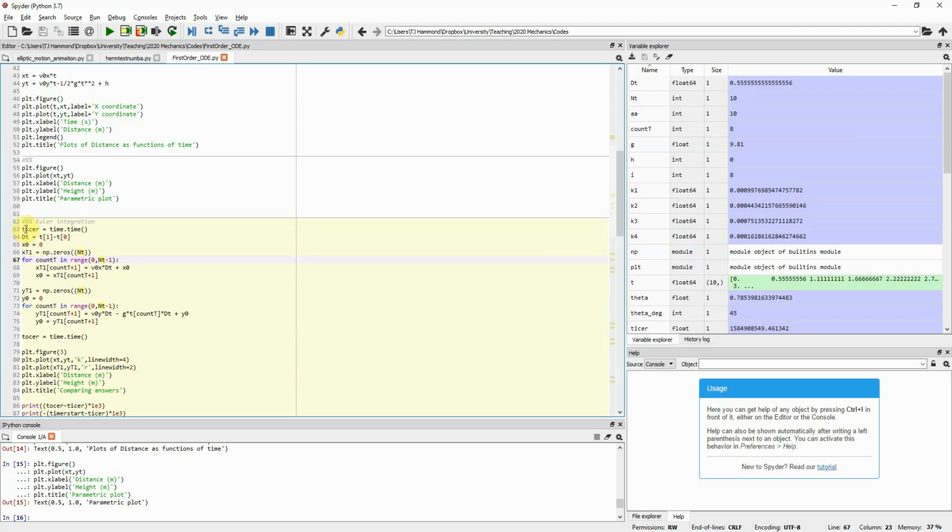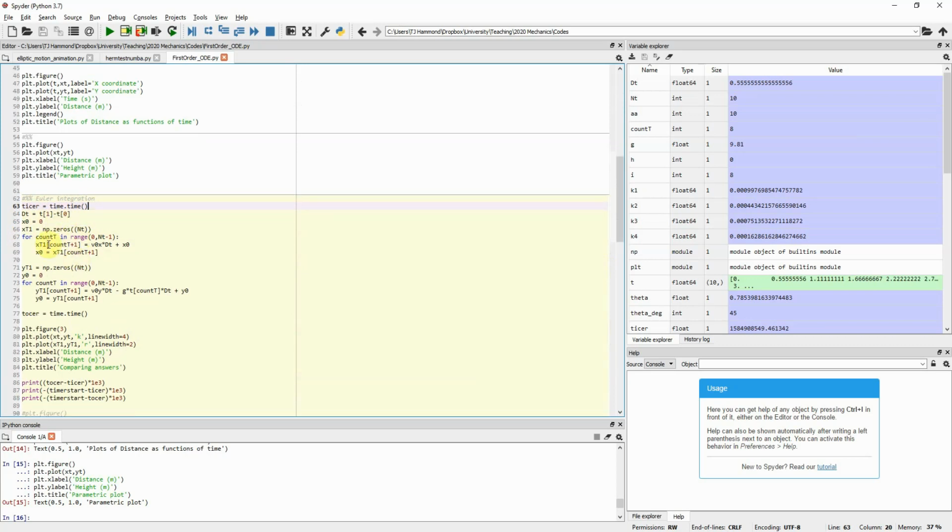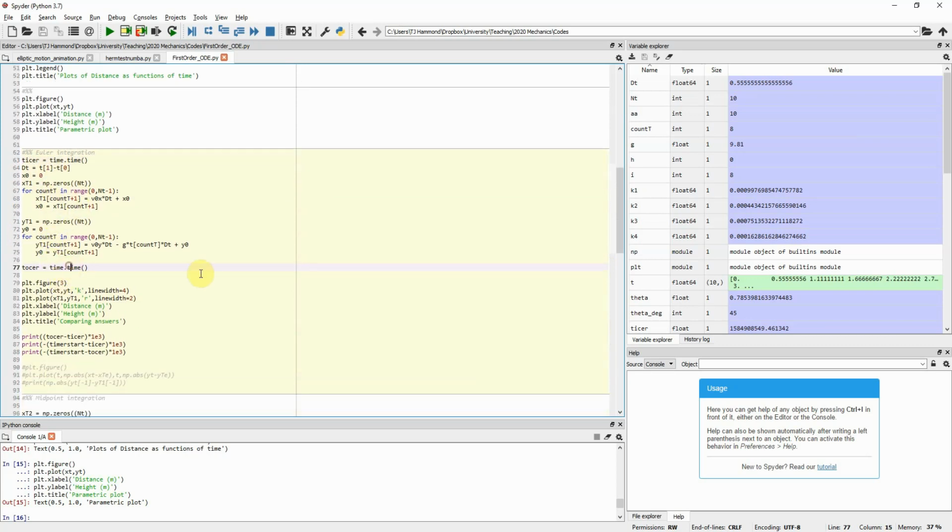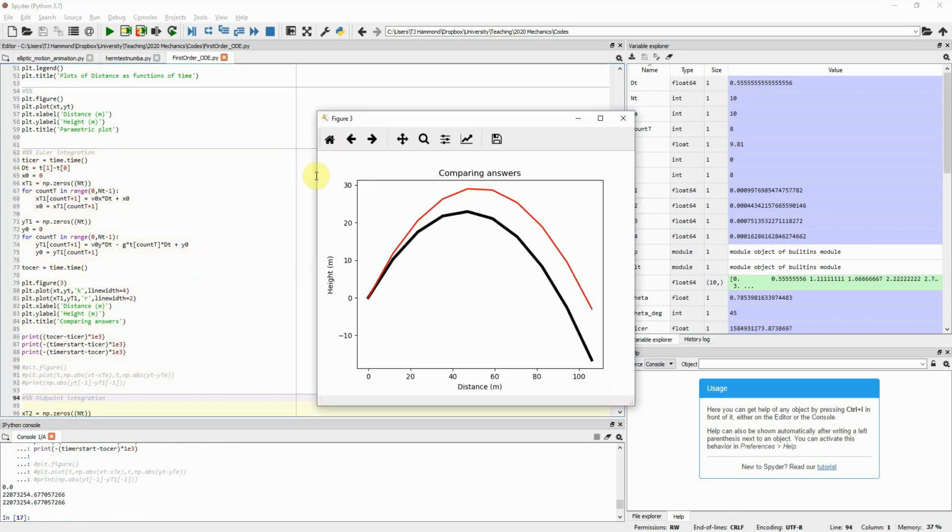This is to count the clock here, the ticker and talker. And so we have this initial timing as time.time. And then we have our time step, dt is t1 minus t0, as we had before. So you can see that all this is the same as we wrote before, and then we can plot this.